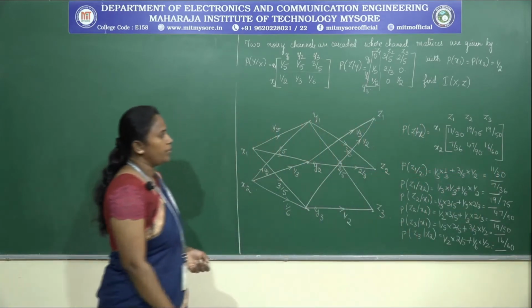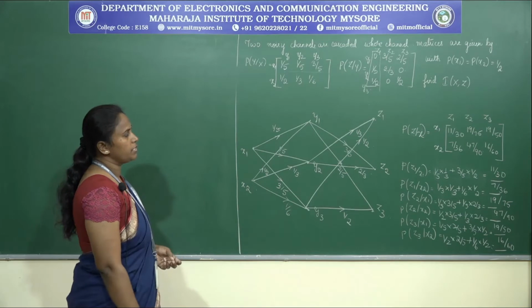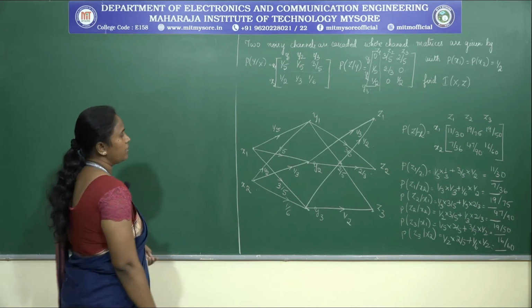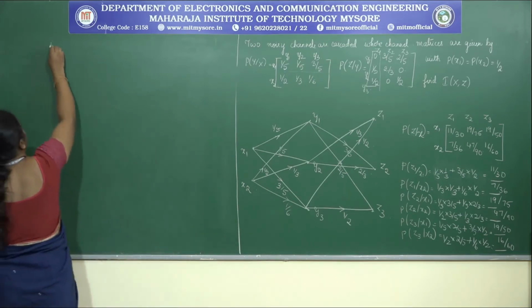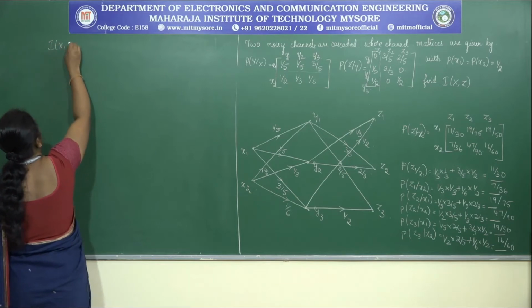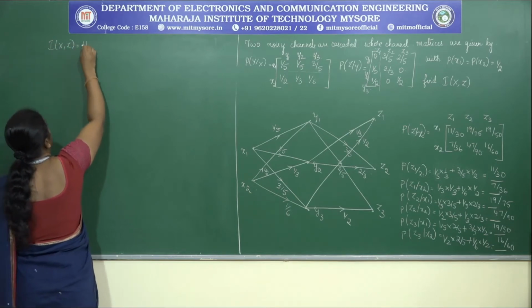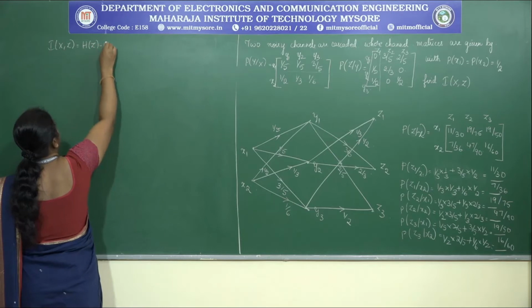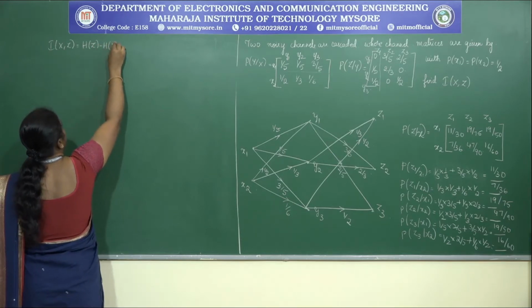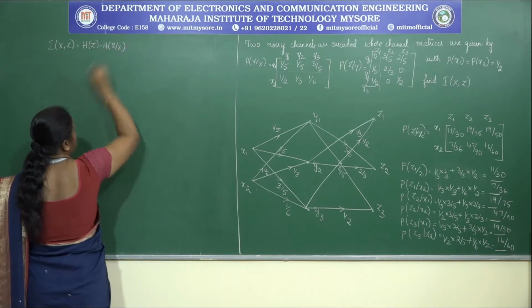Okay. So now in order to find the mutual information, that is I of x comma z. So I of x comma z is given by what? I of x comma z is equal to H of z minus H of z by x.